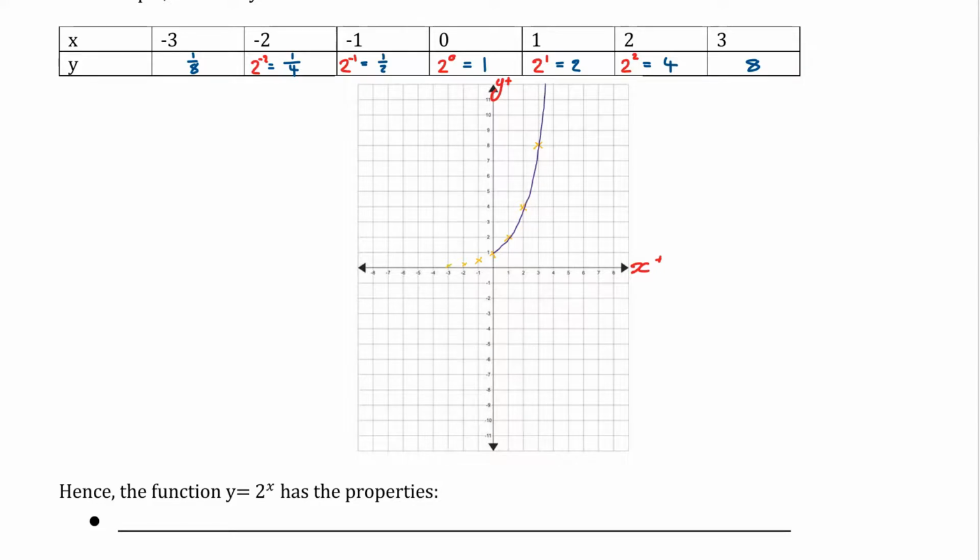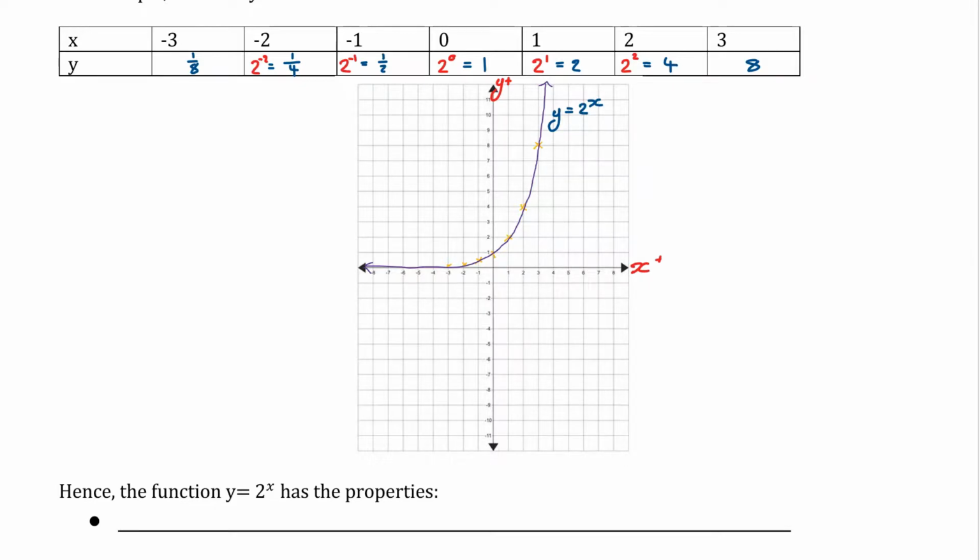So for positive values, it grows quite rapidly, and for negative values, it tapers off and tries to approach the x-axis, but never quite gets there. So what we can see here is this is our graph for y equals 2 to the power of x.